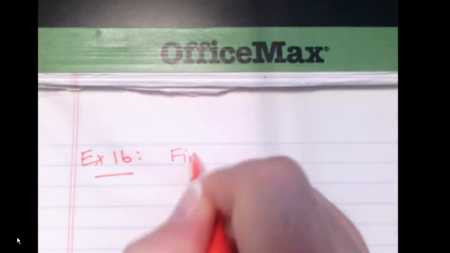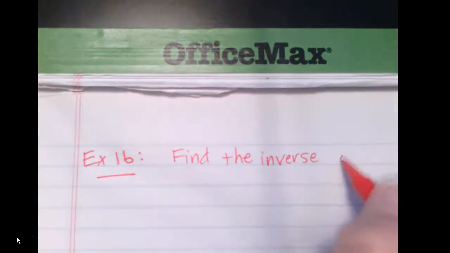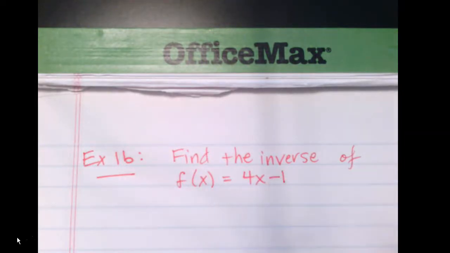Let's see, am I on the page? Example 1b, I want you to first find the inverse of f of x equals 4x minus 1. Then verify that the function and its inverse are equal to the identity.